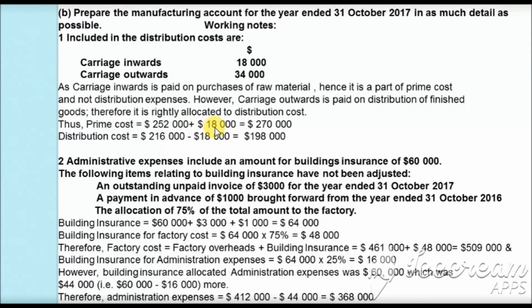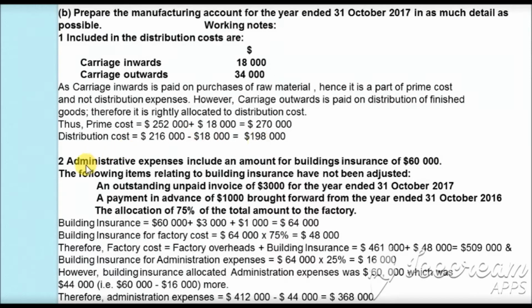To this we will add the carriage inwards, which is $18,000, and now we get the prime cost as $270,000. And we will rectify the distribution cost by taking the value given as $216,000. From there, we subtract the carriage inwards, which is $18,000. We get the distribution cost as $198,000.